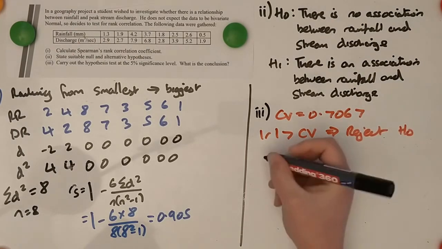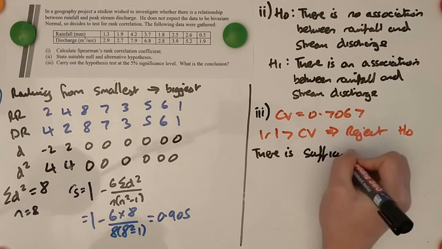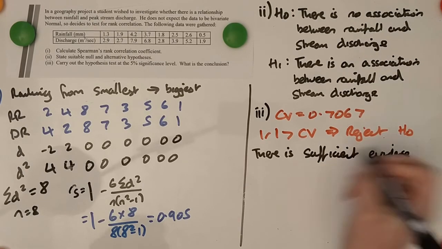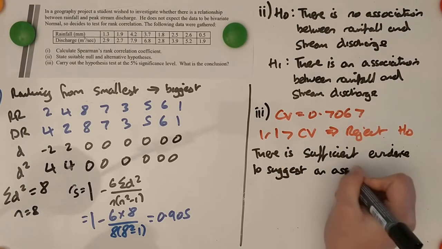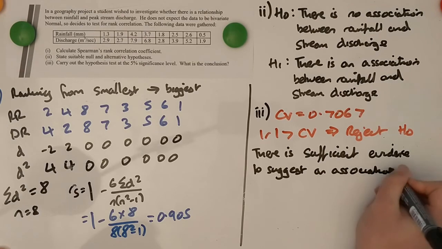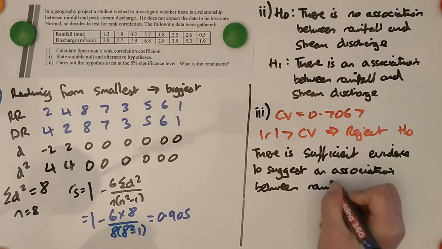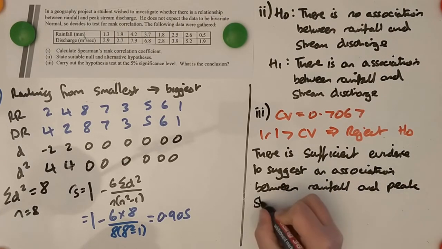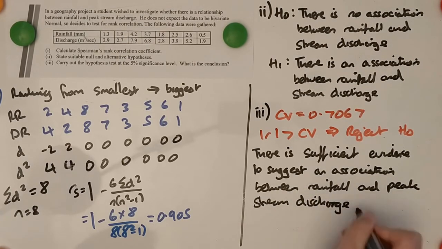And a nice summative statement: there is sufficient evidence to suggest an association between rainfall and peak stream discharge. That's it. On to coding.